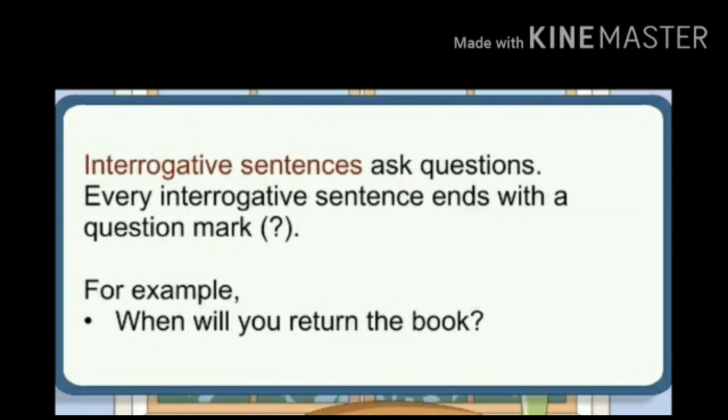For example, when will you return the book? This is an interrogative sentence and there is a question mark at the end of this sentence. There could be many more examples like what is your name? In which class do you study? These are all interrogative sentences.